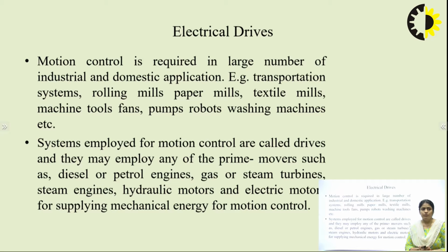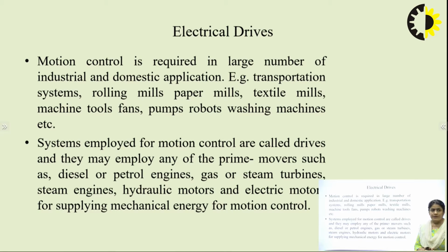Systems employed for motion control are called drive systems, and a drive system can be mechanical or electrical. In the electrical drive system, you have more features than the mechanical drive system.